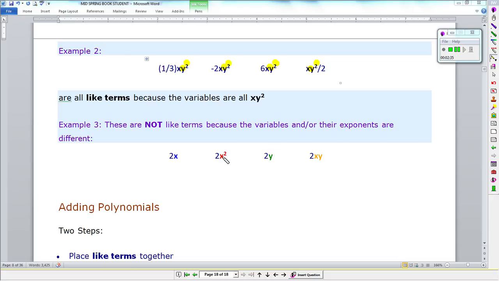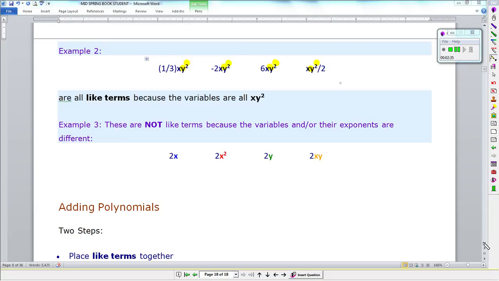Now compare the second term, 2x squared, with 2y. They don't have the same variables because this is x and this is y. And if you look at 2y and 2xy, again, they don't have the same variables, so the third term is missing the x. That's why they are not like terms.